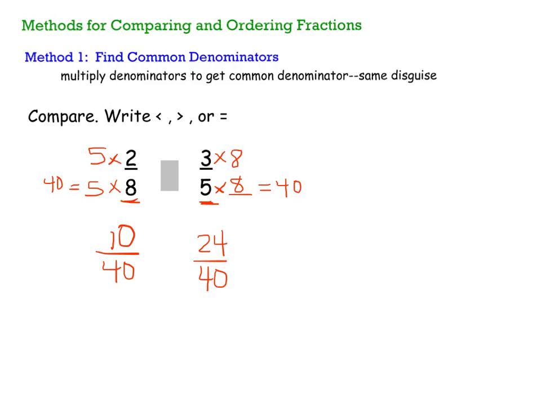I'm looking at 10 and comparing it with 24. Which one's bigger, 10 or 24? 24. So we insert the less than sign. So 2/8, or in other words, 10/40, is less than 3/5, or 24/40. Okay, let's keep practicing.